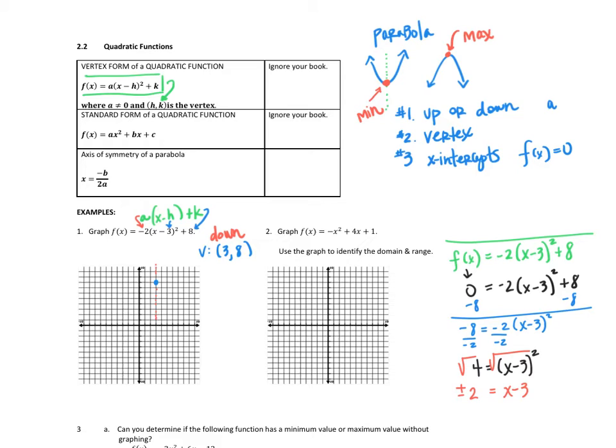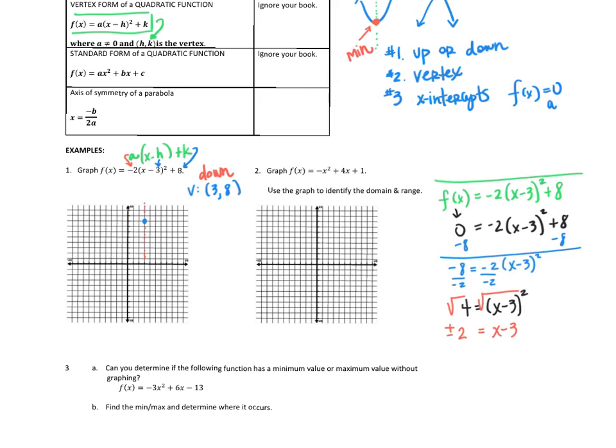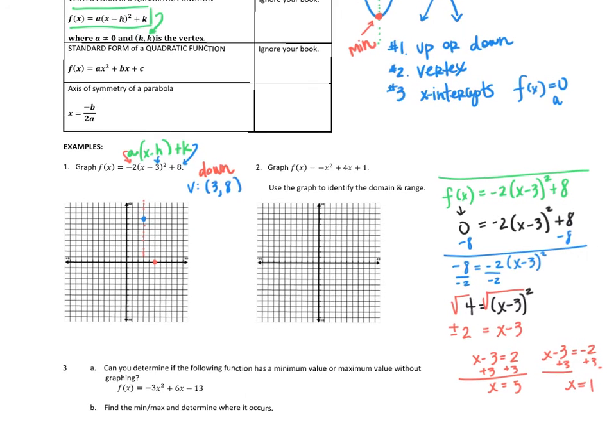So your two equations are going to be x minus 3 equals 2 and x minus 3 equals -2. And then, of course, when you solve that, you're going to get x equals 5. So remember, your y value was 0, so you're going to have a point at 5, 0. And then when you get your other x-intercept, you're going to have a point at 1, 0.